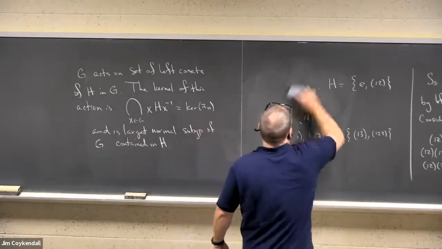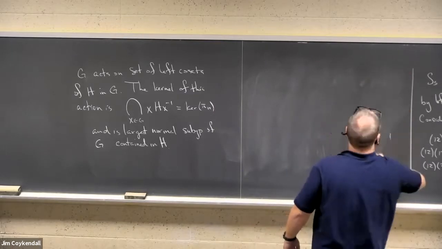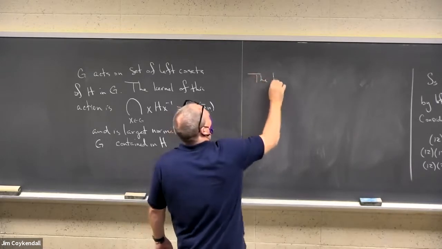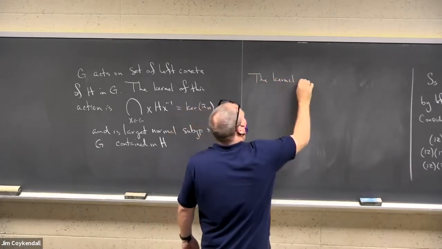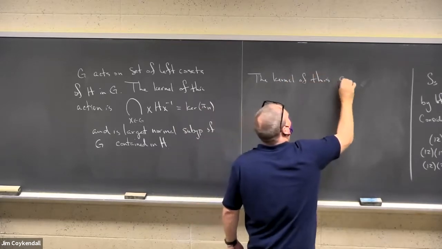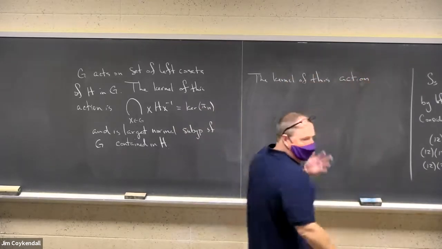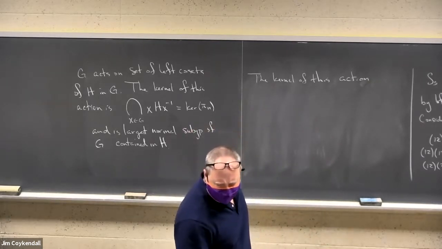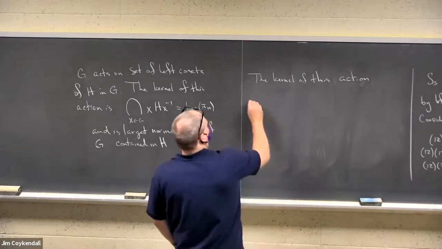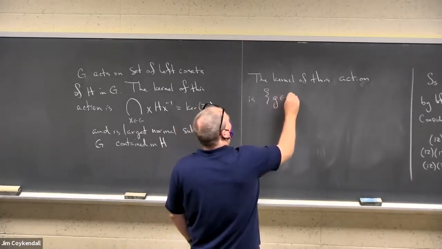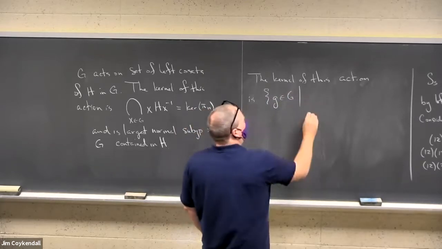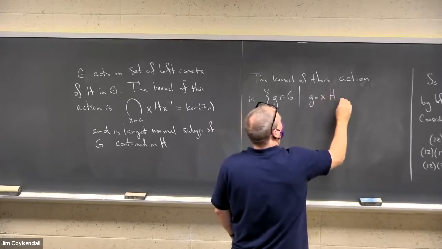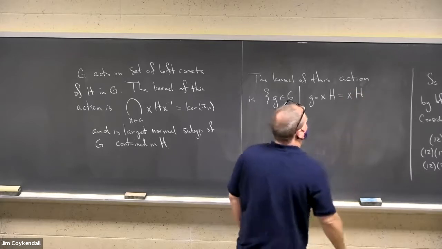So why is this true? The kernel of the action, and of course I mean left multiplication on the cosets, is precisely the set of g in G such that g acting on any xH is in fact still xH.